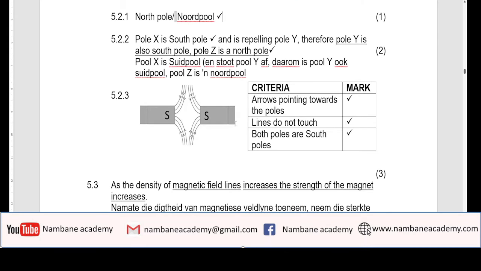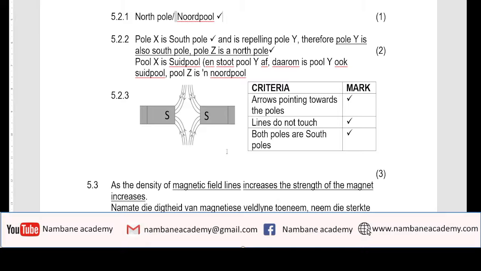Copy and complete the diagrams by labeling the poles and showing the repulsion or attraction between pole X and pole Y. So when they show south pole across south pole, the arrows are pointing towards the poles. Lines do not touch and both poles are south poles. 3 marks allocated according to the marking criteria.